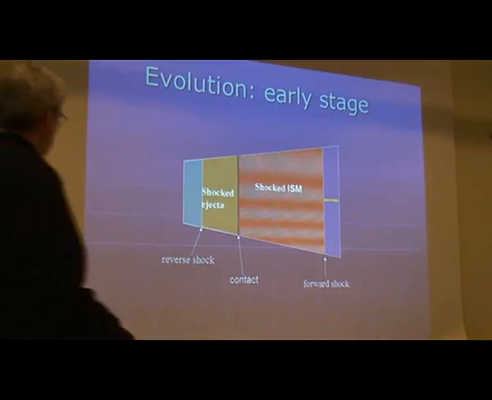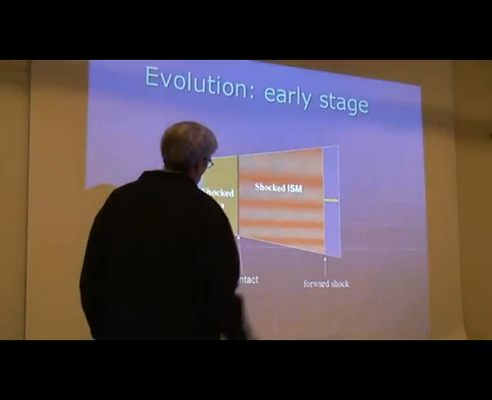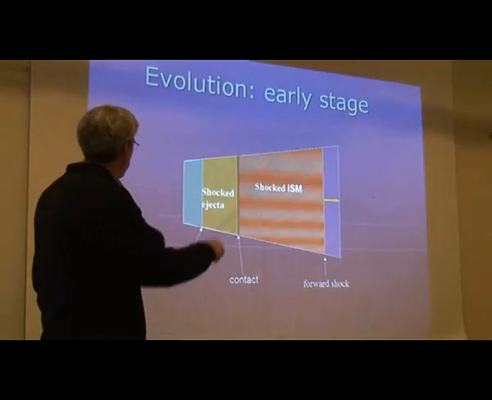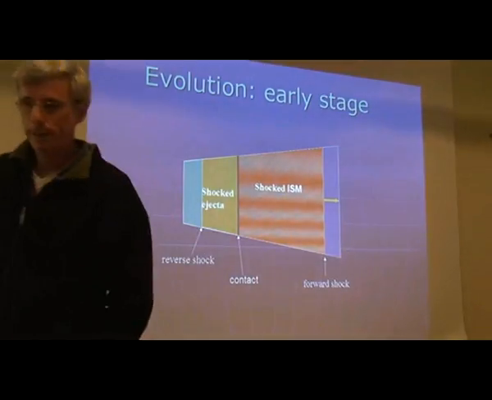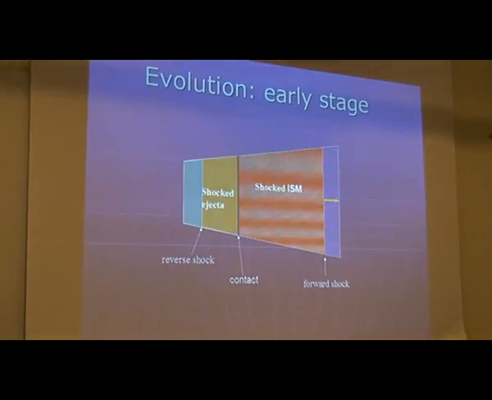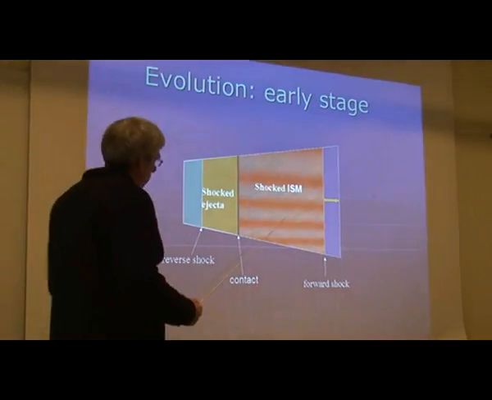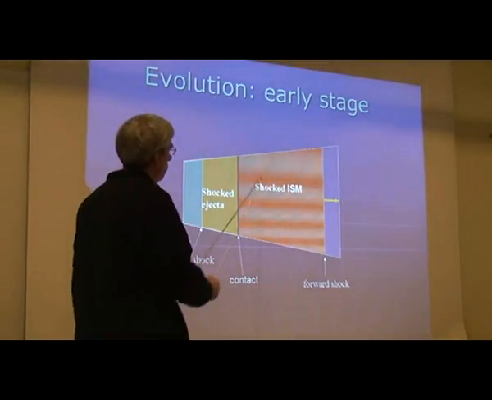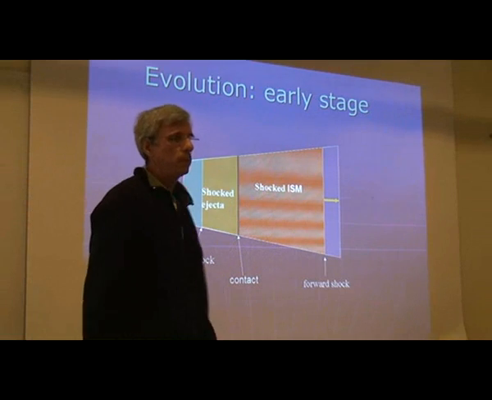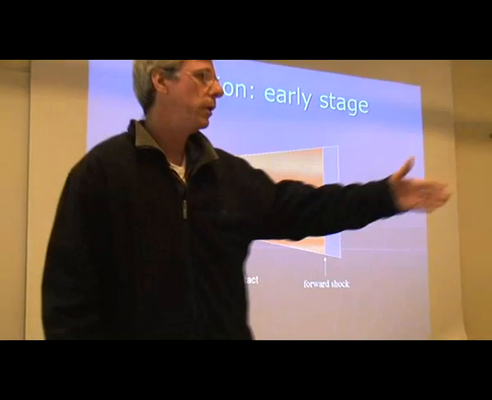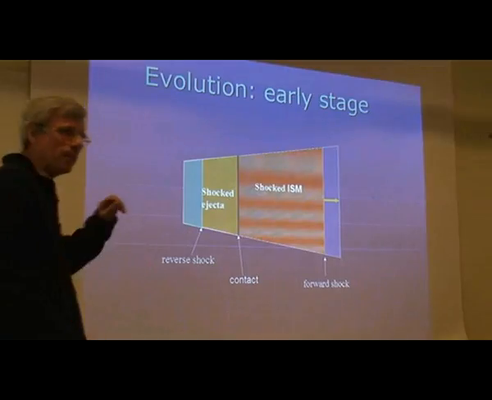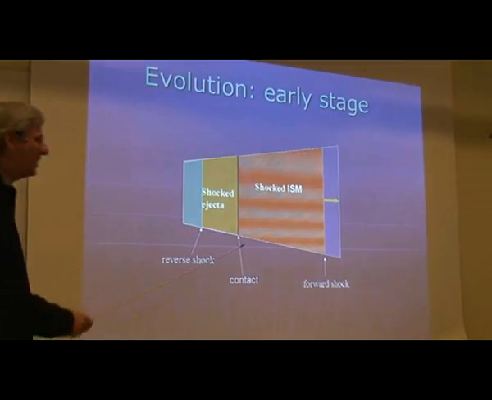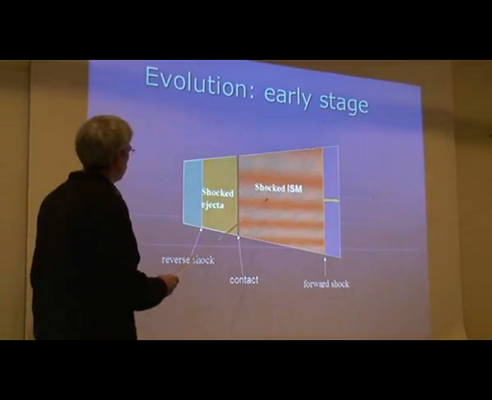Of course, as the forward shock propagates outwards, it accumulates energy here. And decelerating, at some point, most of the energy is in the shocked ISM. I call it shocked ISM, but it can be, of course, a stellar wind or whatever fits.